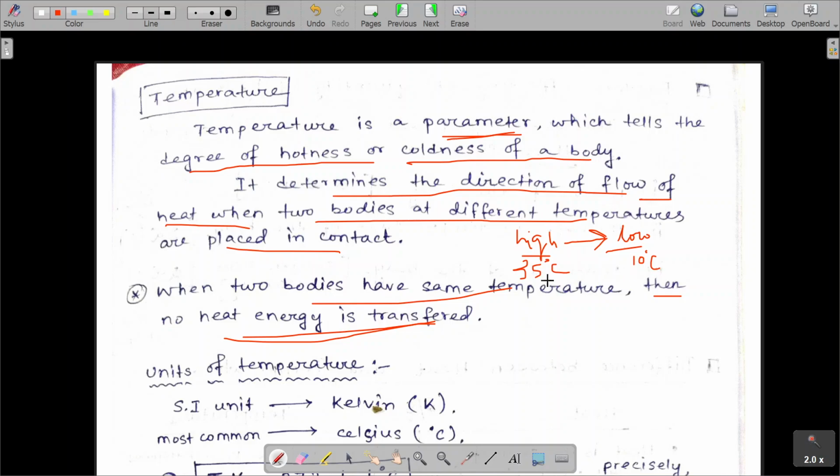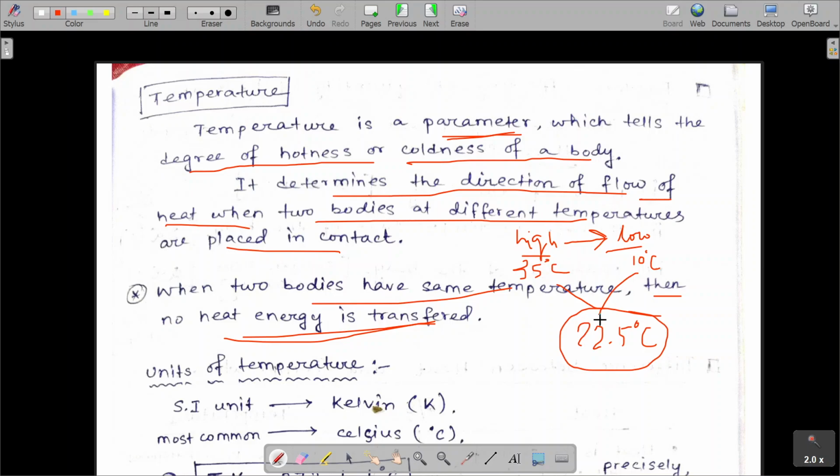Suppose at a temperature of 22.5 degrees Celsius, this body is losing heat and that body is gaining it. This body acquires 22.5 degrees Celsius by losing heat, and that body also acquires 22.5 degrees Celsius by gaining heat.